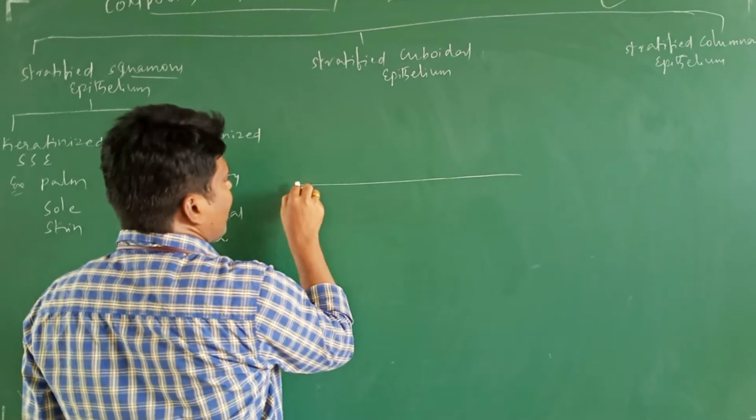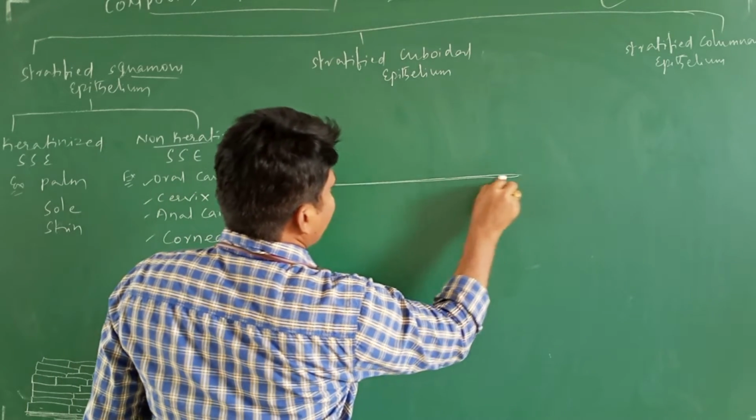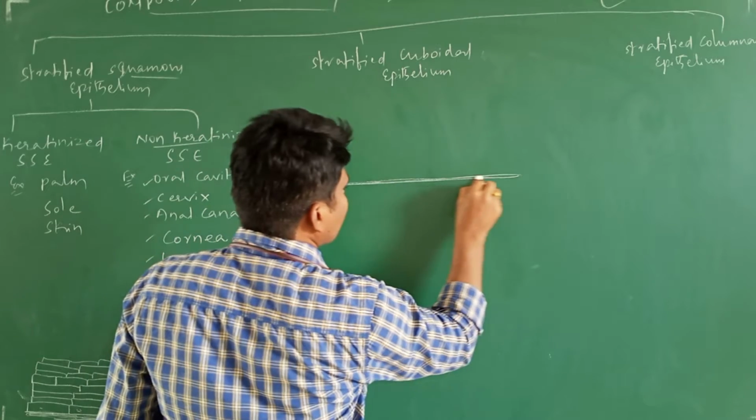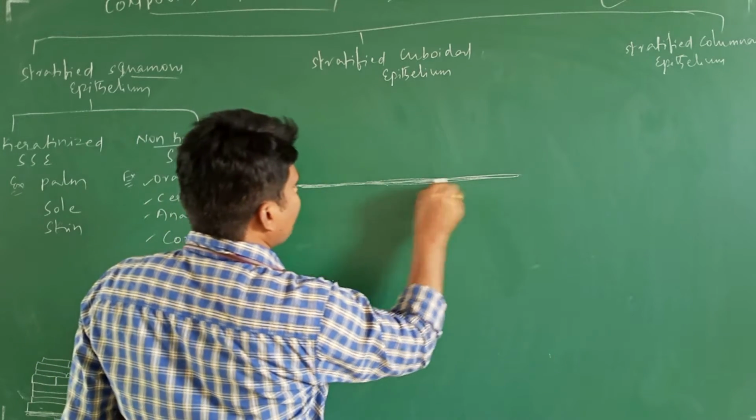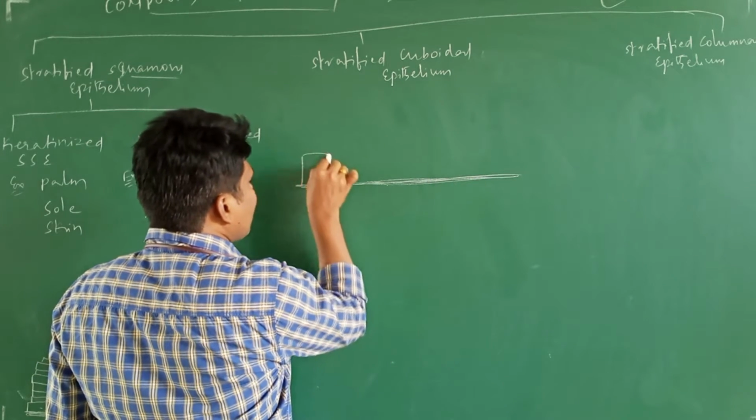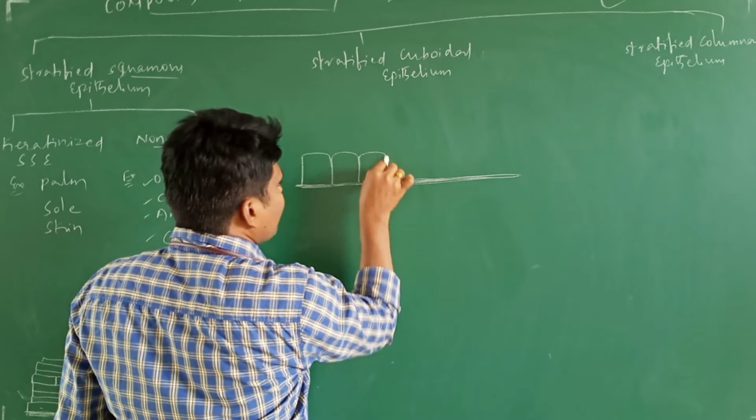So this is the basement membrane. On this basement membrane, cuboidal, cube-like structured cells are going to be present.